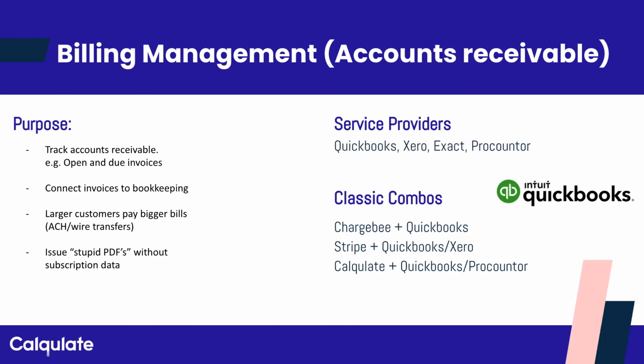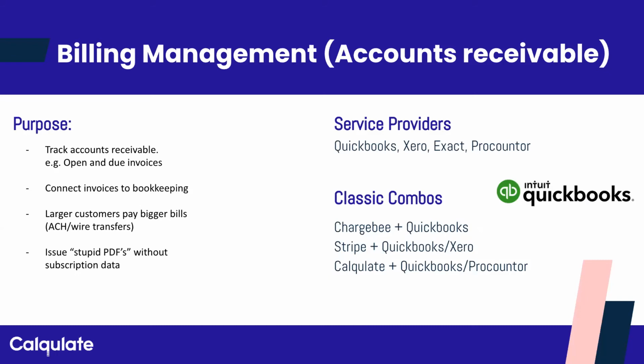So here you don't generate subscription data. You're not looking at MRR particularly, and you don't get churn information automatically. You're just sending a PDF invoice to your customer, say 20,000 euros, and then the customer pays, and you see in your accounts receivable which invoices are open and not.